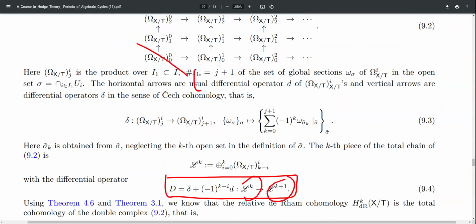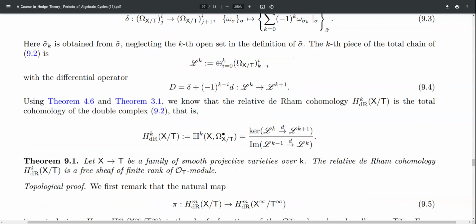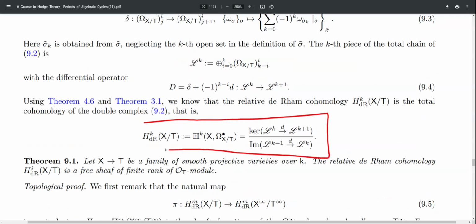Remember that this was L^0, this was L^1, this was L^2, L^3, and so on. And the algebraic de Rham cohomology is just the cohomology of this total complex (L^•, D).